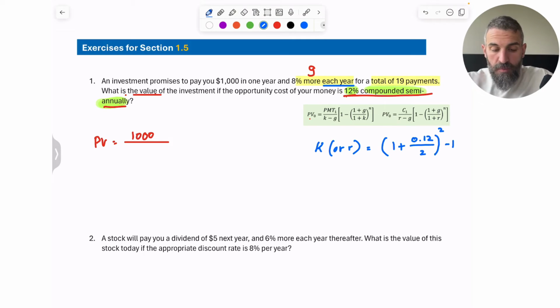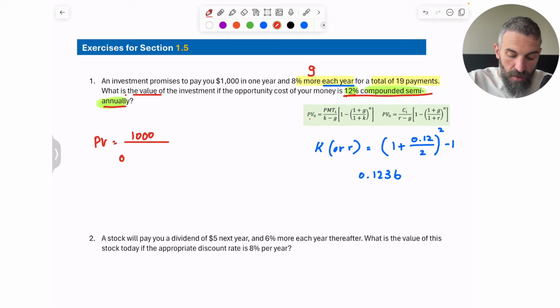All right, let's punch this in. So you get about 12.36%. Okay, so that is your discount rate, and that's what we're going to use as our denominator here. Minus the growth rate of 8%. Now I'm back to following that kind of long formula.